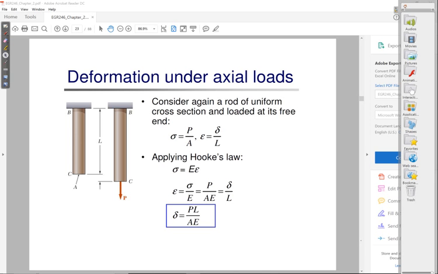Okay, so a design problem might be something like, design me a column, design me a rod, right, where I'm going to be applying 500 pounds to the end, and I want it to have a radius of 1 inch. I'm going to make it out of steel, right? And I don't want it to deform by more than 0.001 inch.